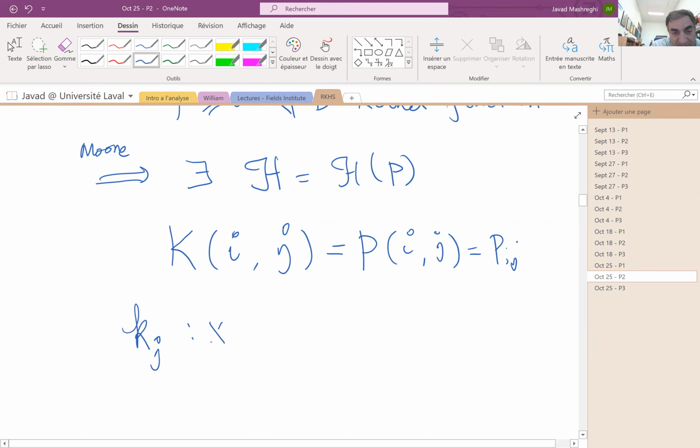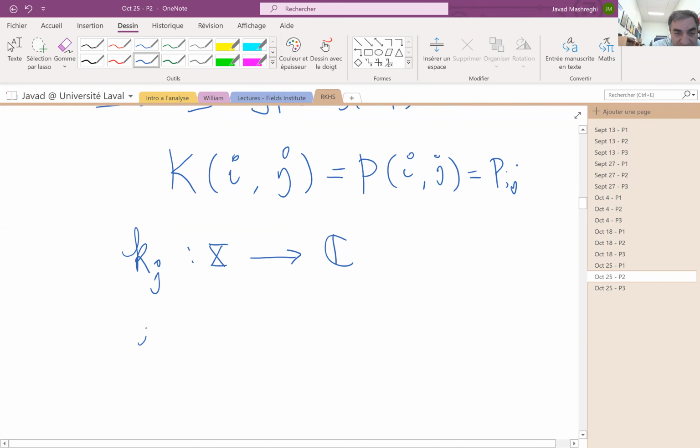So little k is a function defined on X with values in C. The original definition is like this: k_j on the variable i is defined to be the capital K of i and j. And we know that this is P_ij.